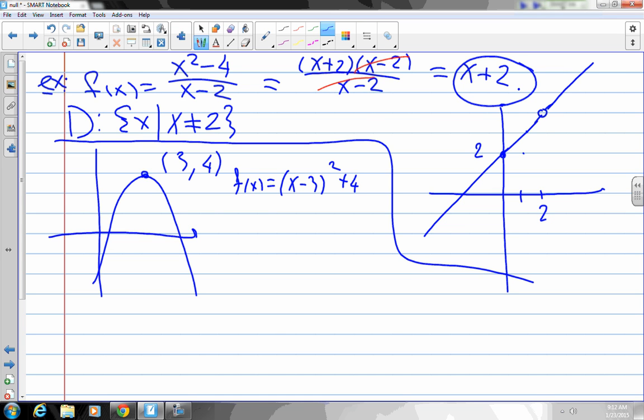That's how the vertex affects the actual equation, right? You agree with that? Now if I want to expand this, this is x squared minus 6x plus 9 plus 4, so the function is x squared minus 6x plus 13, right? That will be the function of that graph, right?